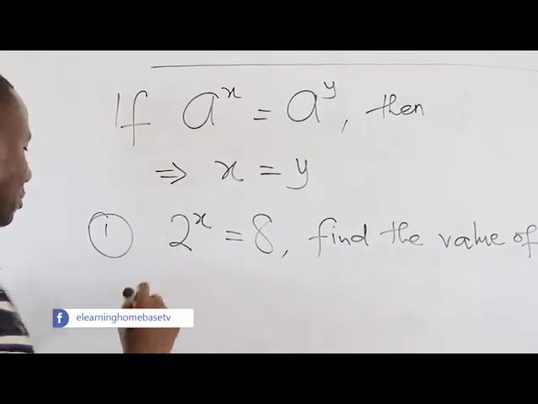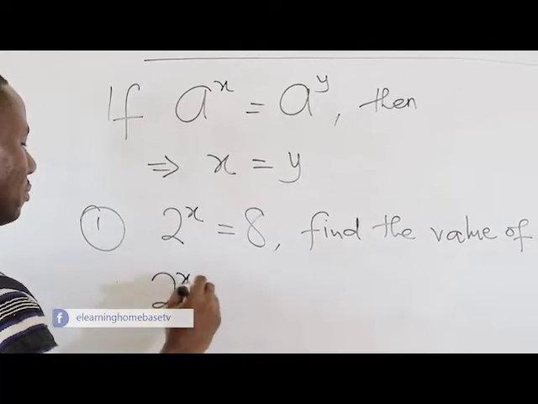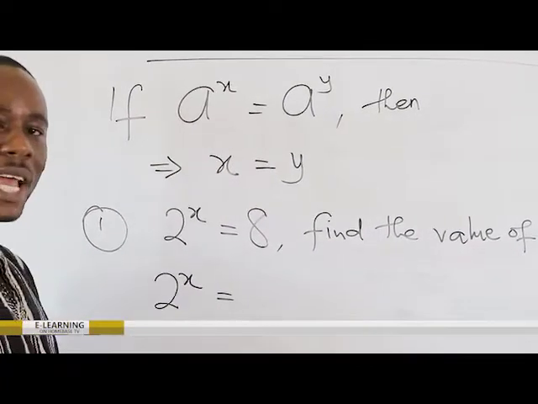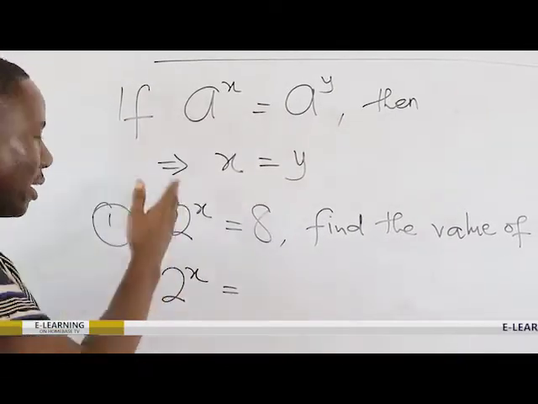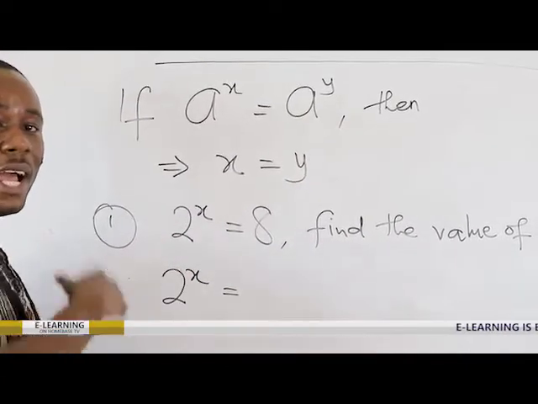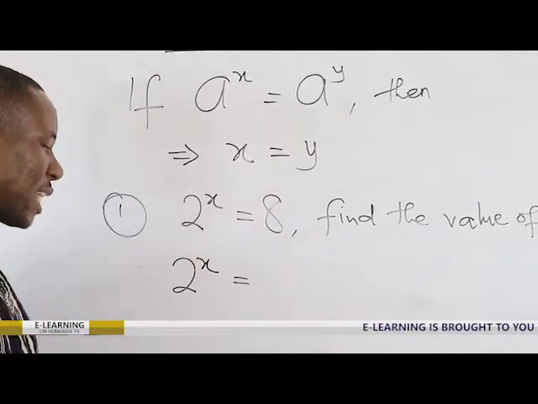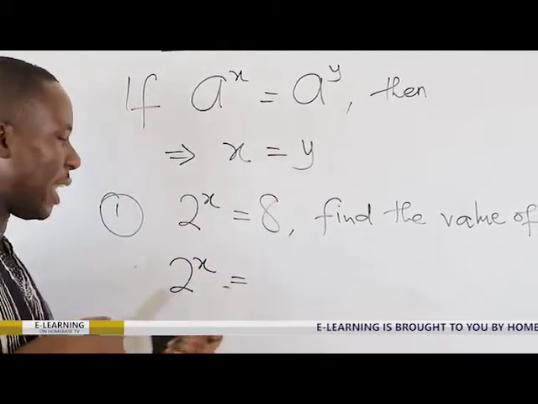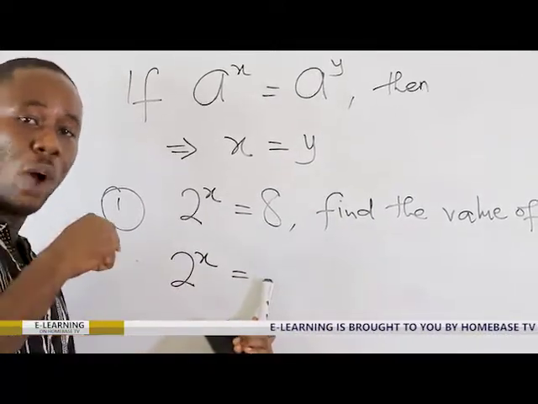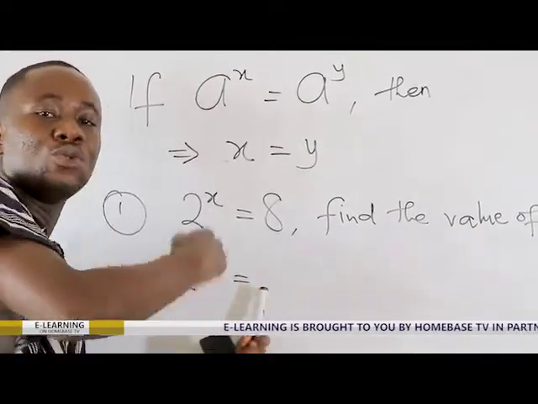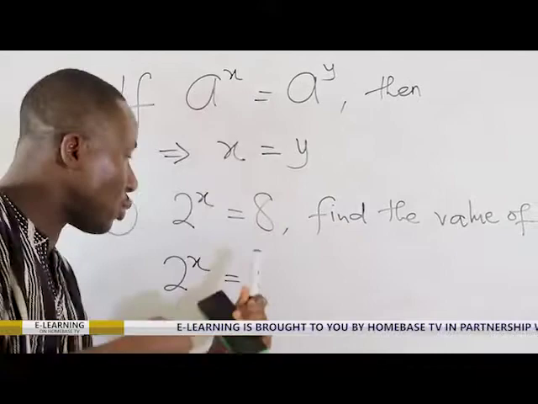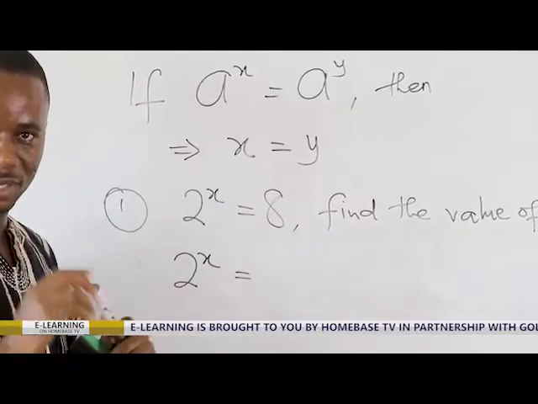We are solving. Remember we said exponential expressions mean the factors repeatedly multiply themselves. So since I have 2 at the base here, then this one must also have 2 at the base. How many times will 2 have to multiply itself in order to get 8?